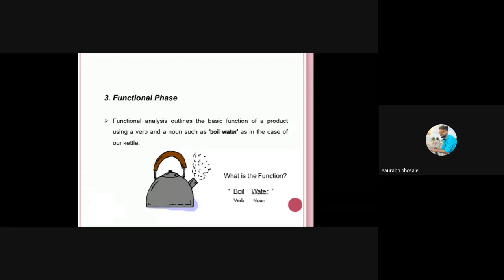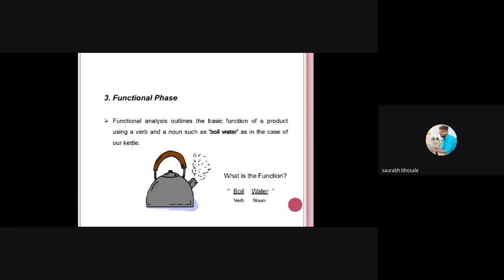The next is to estimate whether that particular function is worthy for that particular cost or not.